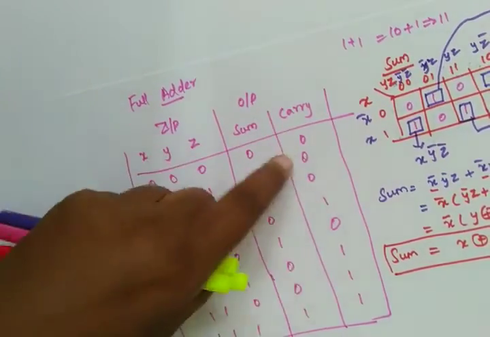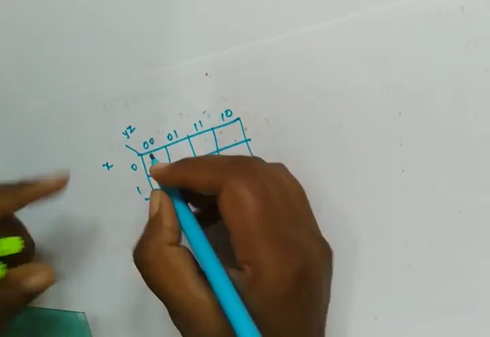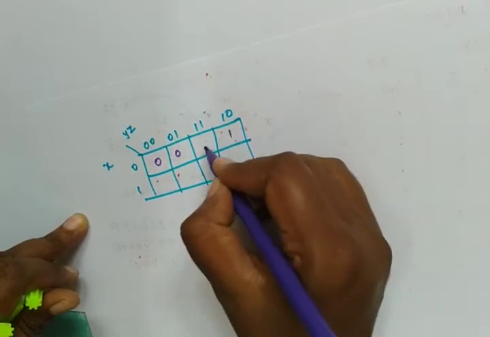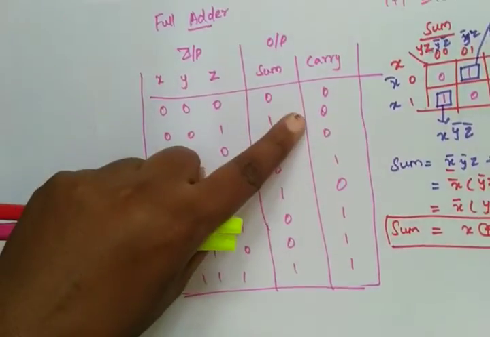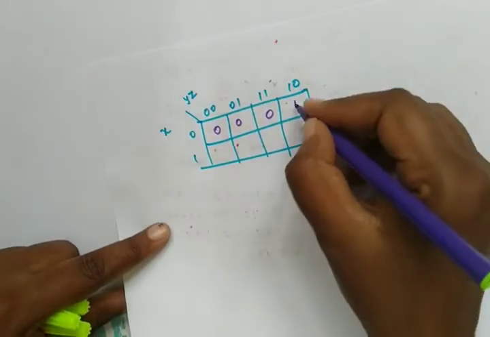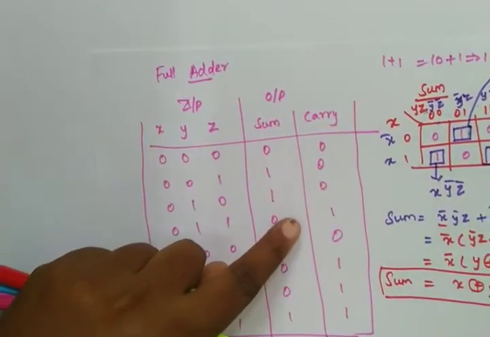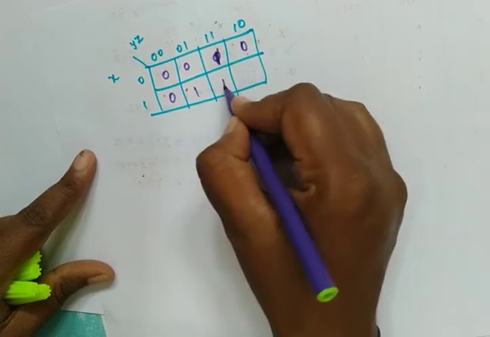We have to write 0, 0, 0, 1, then 0, 0, 0, 1. Next, 0, 1, 1.